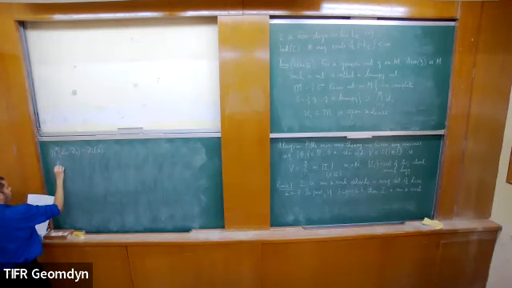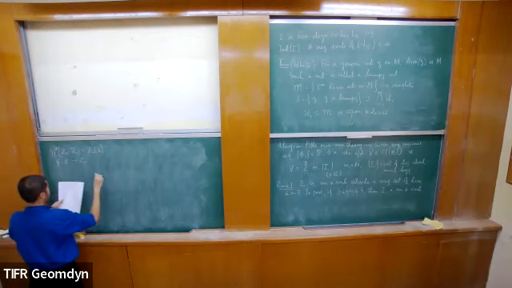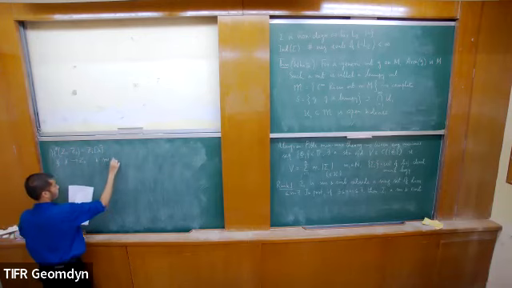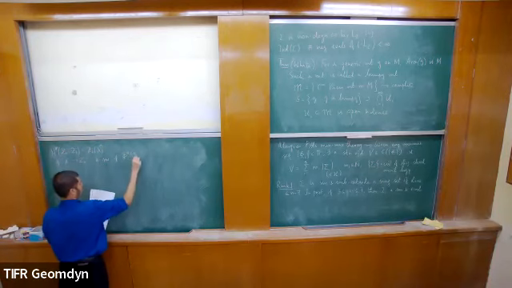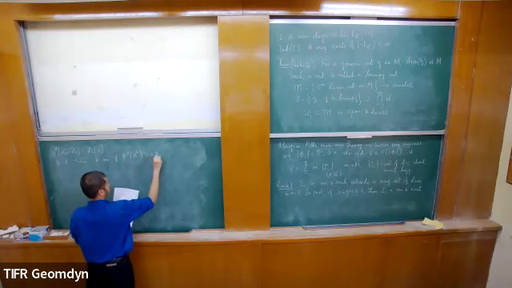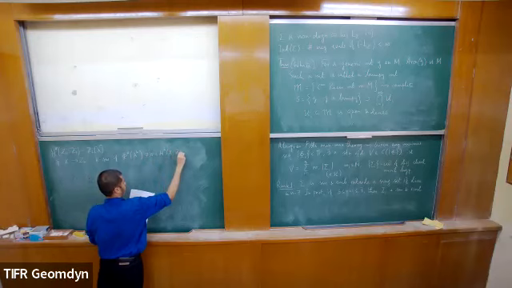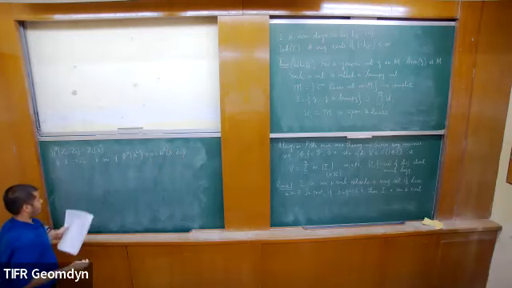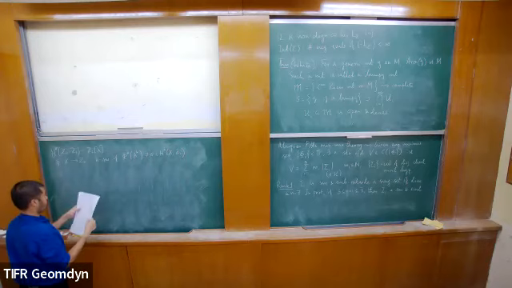A map phi from a simplicial complex X to Z_n is called a k-sweepout if phi pullback lambda to the power k is non-zero in H^k(X, Z mod 2). So phi is a k-sweepout if it detects the kth cohomology class.